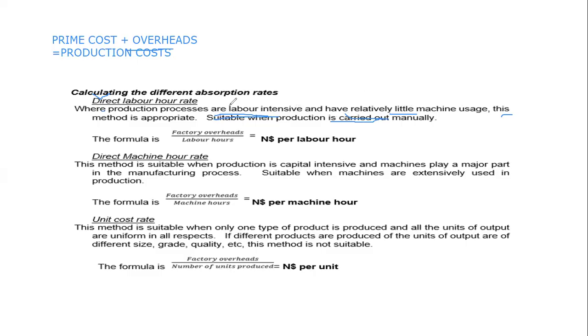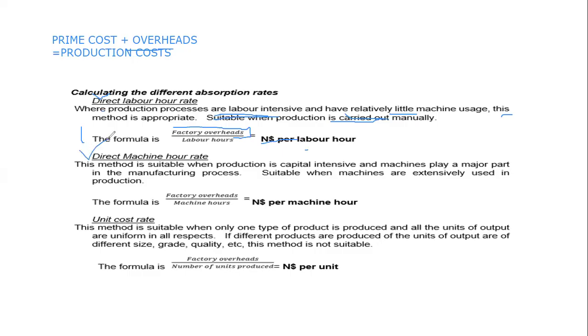Now, in departments where the production requires a lot of labor, the right rate to use to apportion the overheads is the direct labor hour rate. Now, that formula looks like this. You take the total overheads, then divide it by the total number of hours. Then you know how much you will allocate for the labor hour.